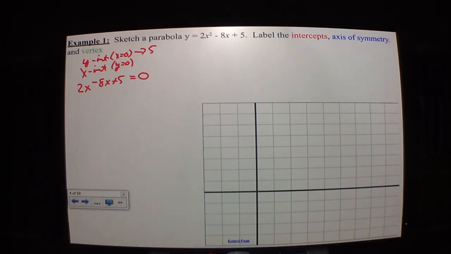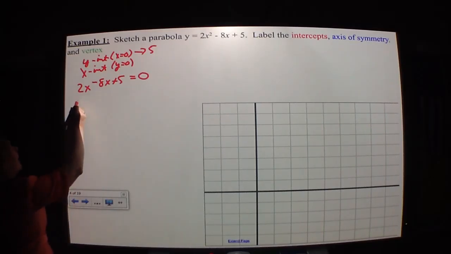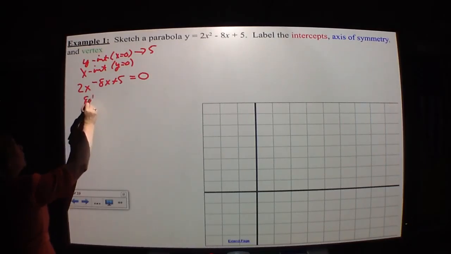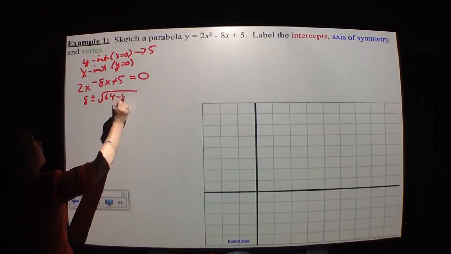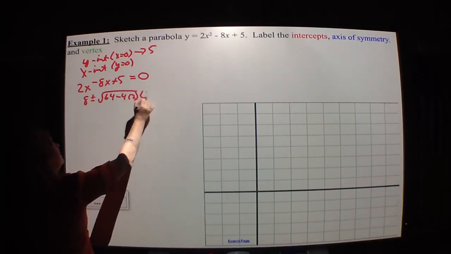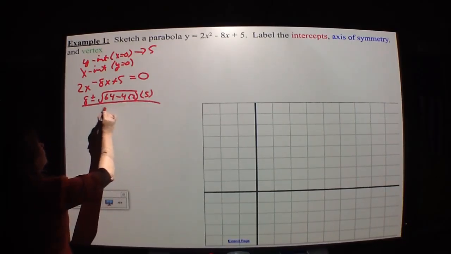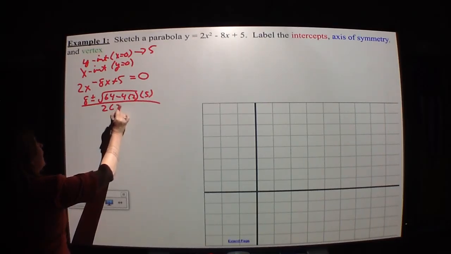When you're doing that one, first of all, I'd look at it. Can I factor it? And when you look at it, it looks like it will not factor. So we'll either complete the square or use the quadratic formula. I think I will do the quadratic formula. The opposite of b, plus or minus the square root of b squared minus 4ac, all over 2a.